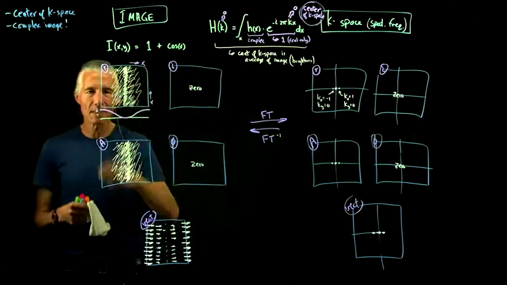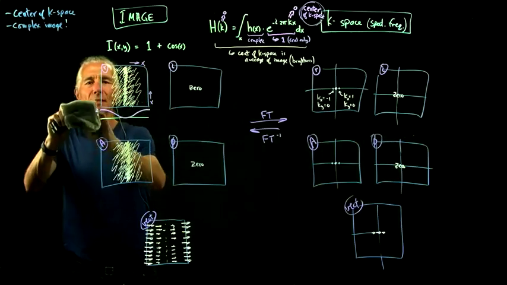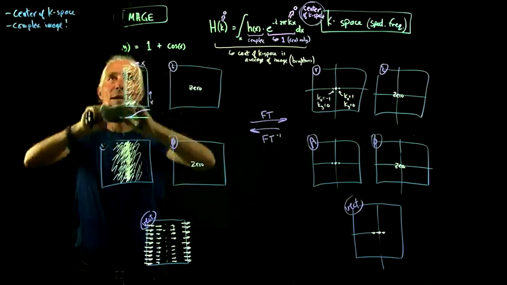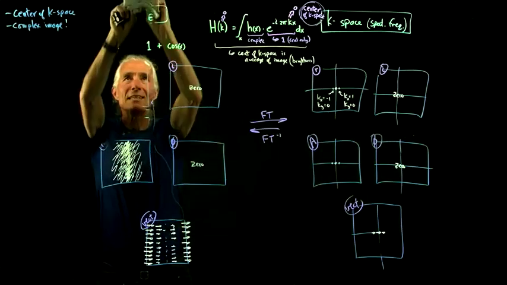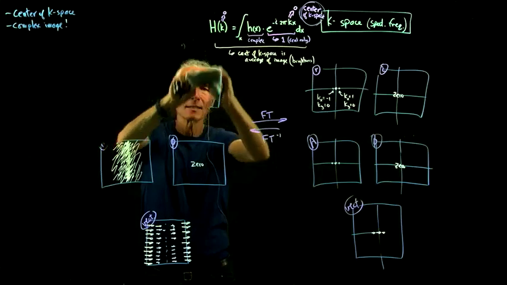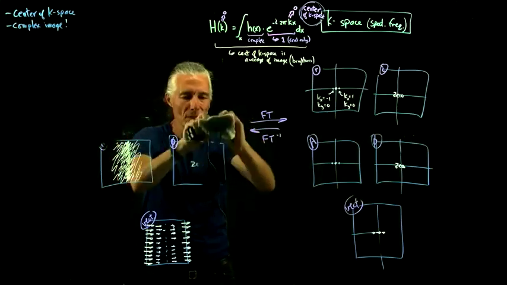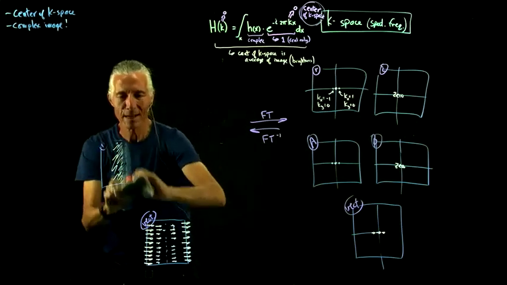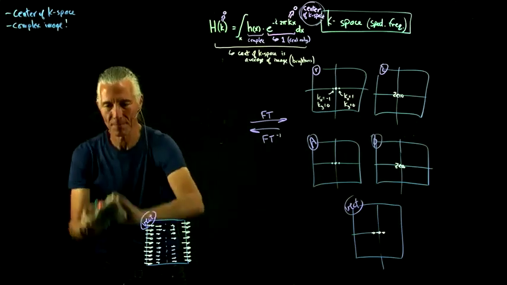So it's the average brightness of the image, and controlling what the conditions of the data are when we record the k-space center is one of the most important things for determining what the contrast of the image is going to be.